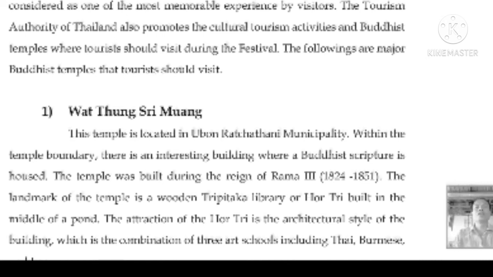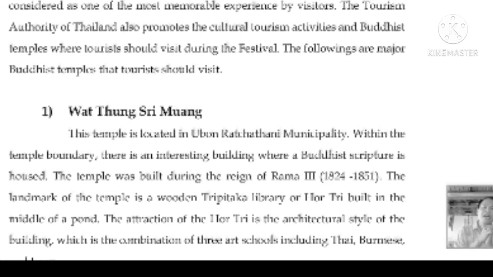If you look at the sentence, they say the temple is located in, followed by the province. When you say located in, you want to talk about the location of the place. Within the temple boundary, boundary means area, and there is an interesting building where Buddhist scripture is housed.